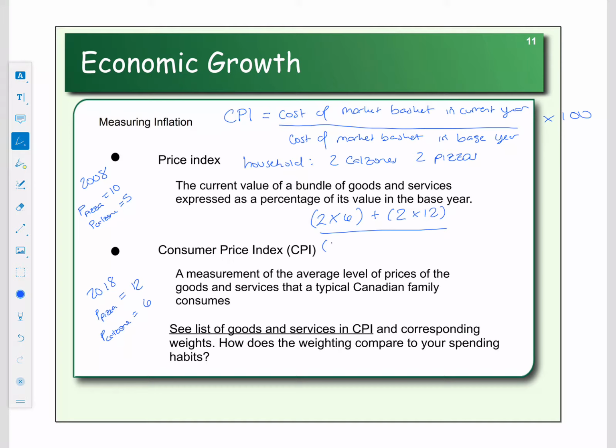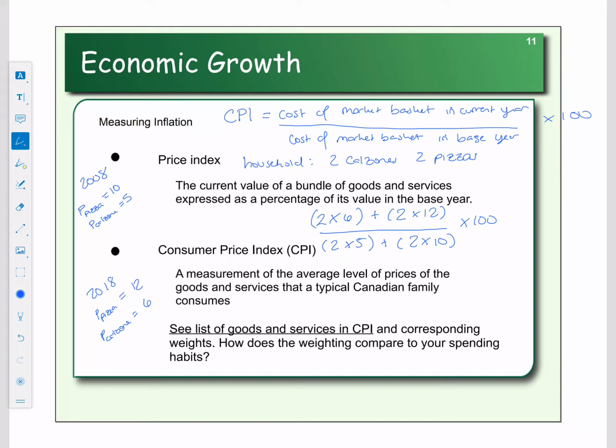So we have that same 2 calzones, but this time in the 2008 prices. And we have those 2 pizzas, but this time we have to look at it in the 2008 prices of pizza, which is $10. And after we do that calculation, we'll multiply the whole thing times 100.